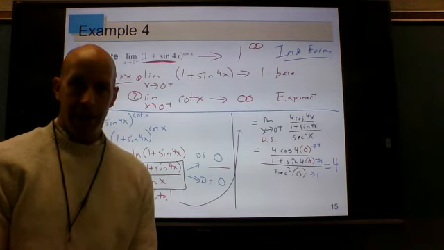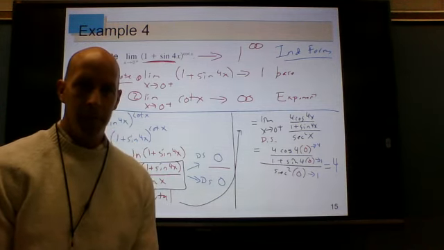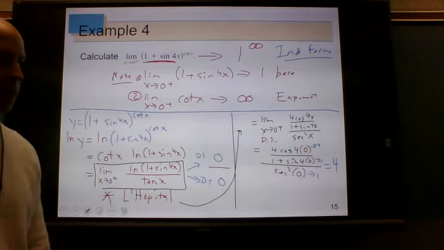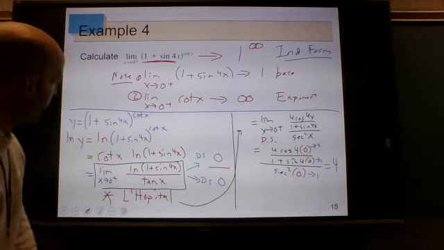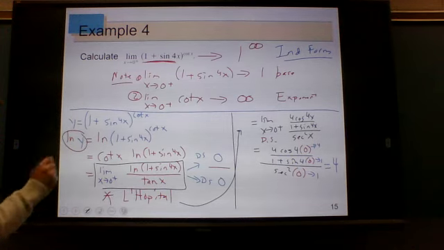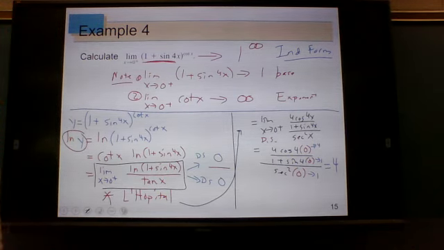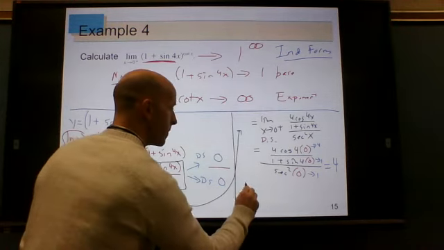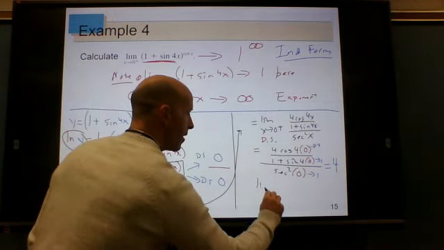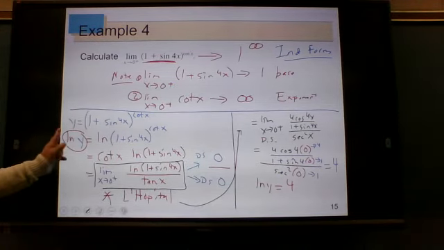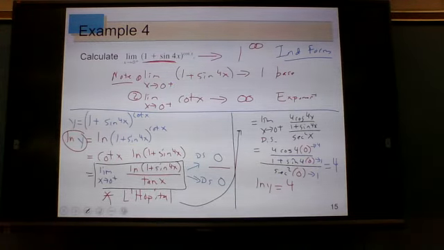But unfortunately, that's not the correct answer. I told you this was kind of an interesting example. Don't forget that way back over here, we said that the ln of y is equal to all that jazz on the right, correct? Therefore, we would say that the ln of y is equal to 4. And we got to figure out what y is.